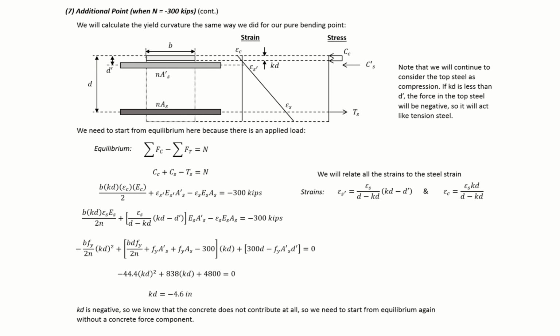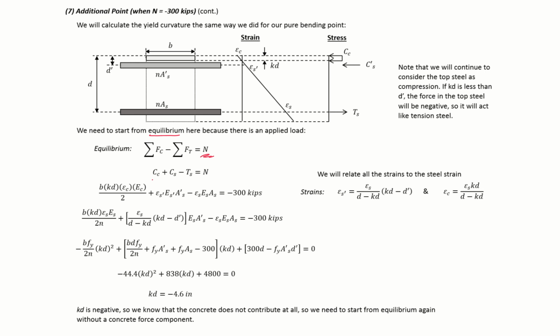And to find our yield curvature, we need to find the depth of our neutral axis using our cracked transformed section properties. We're going to start from equilibrium here to find the depth of our neutral axis KD because we do have an axial load that's being applied.